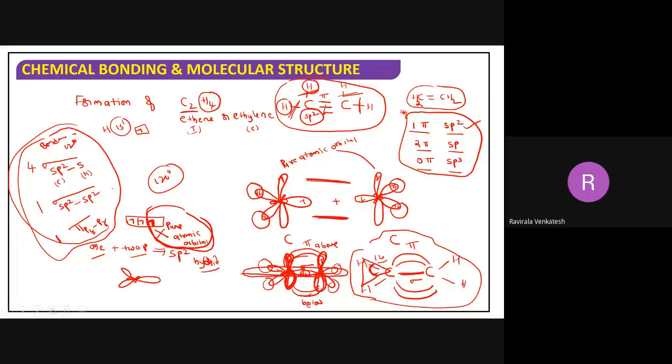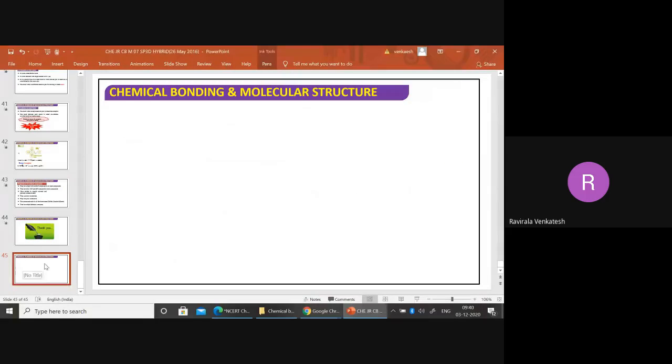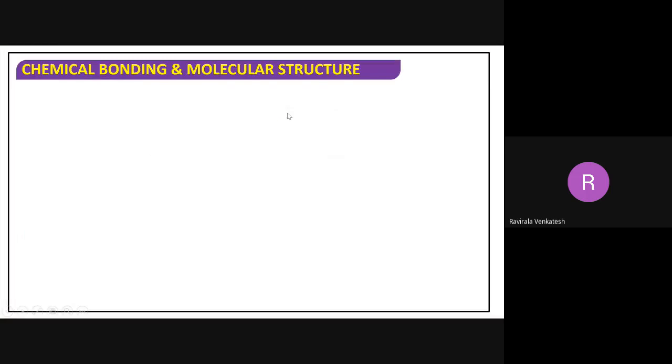Right? Now we'll move to the next hybridization, sp hybridization. Example, I can take C2H2. That one is C2H4, and this is C2H2.